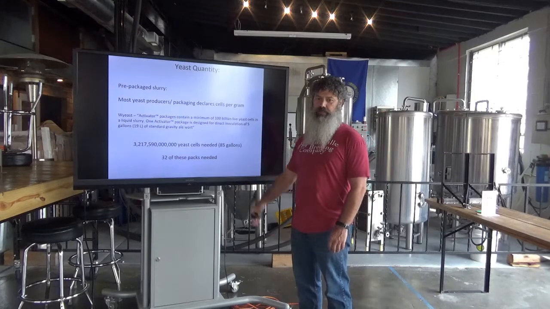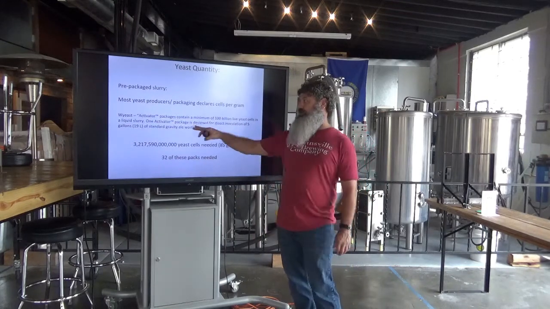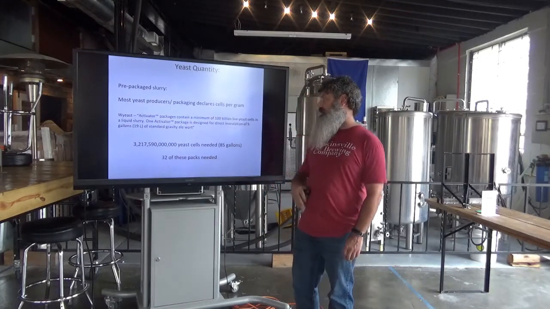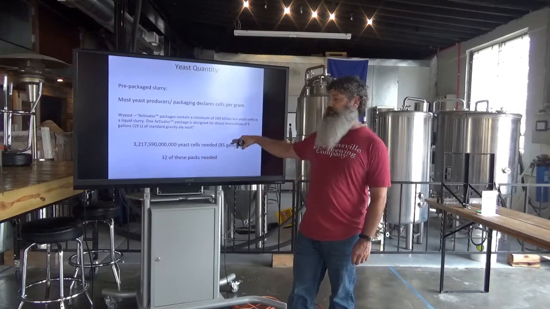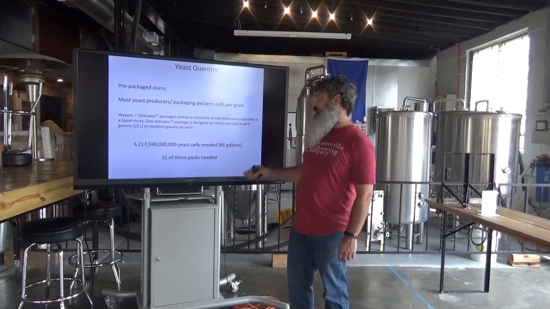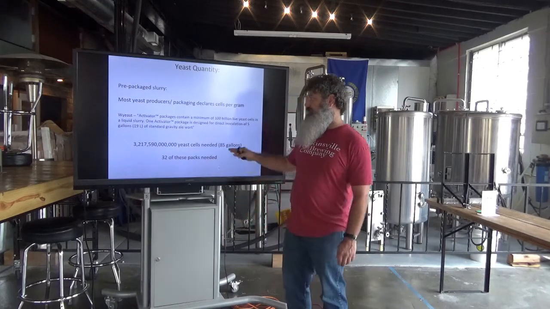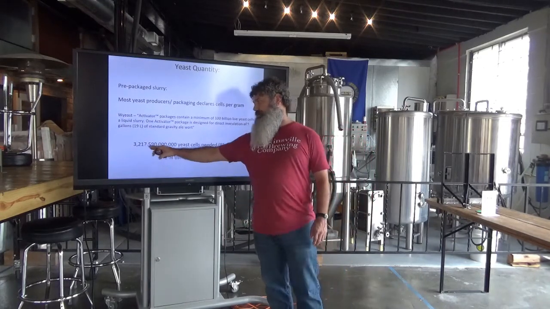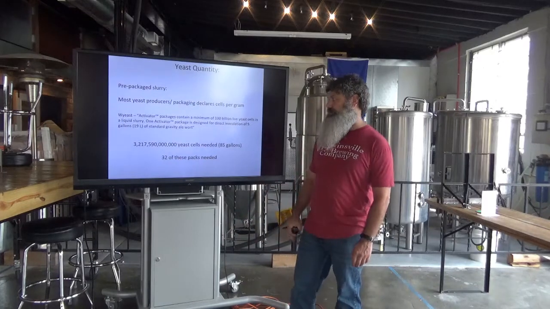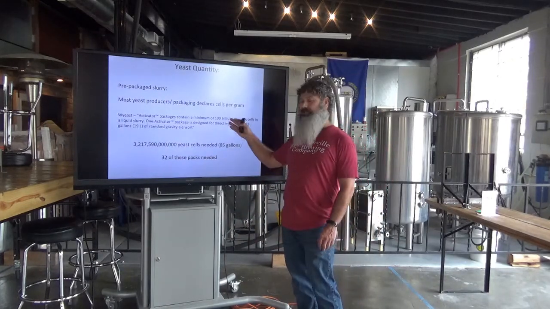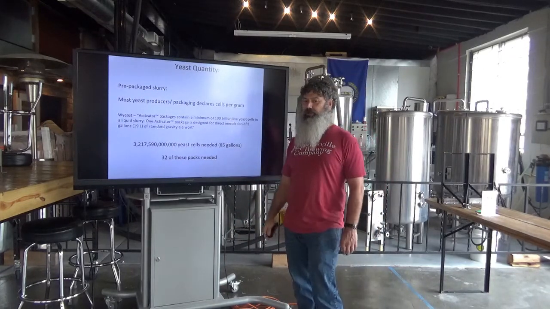Wyeast is a big contributor of those. And Wyeast will tell you that their package contains 100 billion yeast cells, which is good for a 5-gallon batch or 19 liters. So if we're taking our example again, and we needed 3 trillion yeast cells, we would need 32 of these packets to pitch in our yeast.